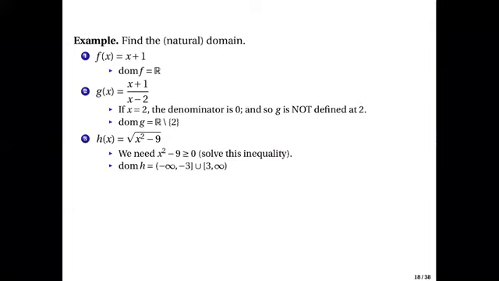And then you will see that your x must be less than or equal to negative 3, or your x must be greater than or equal to positive 3. This is the one that you will get.